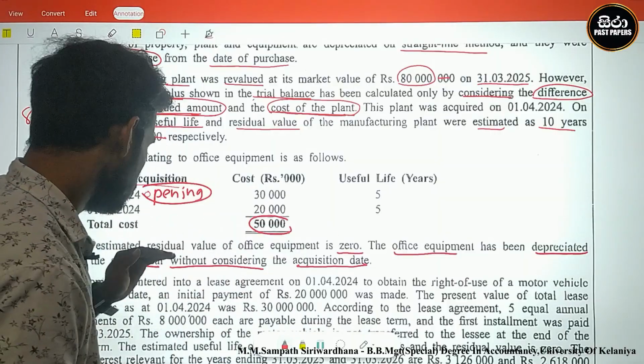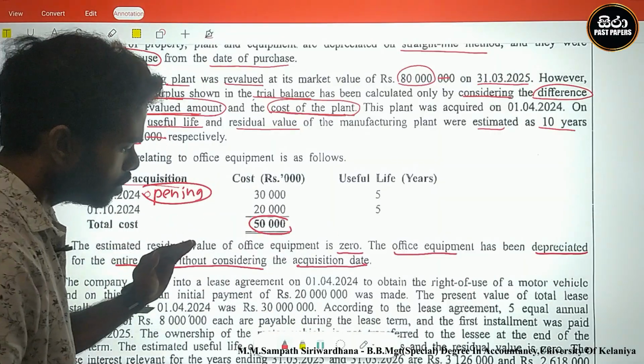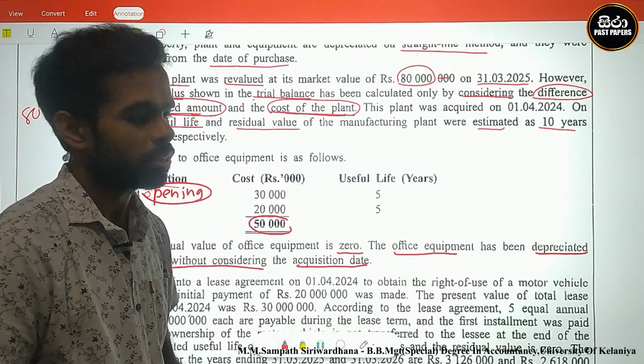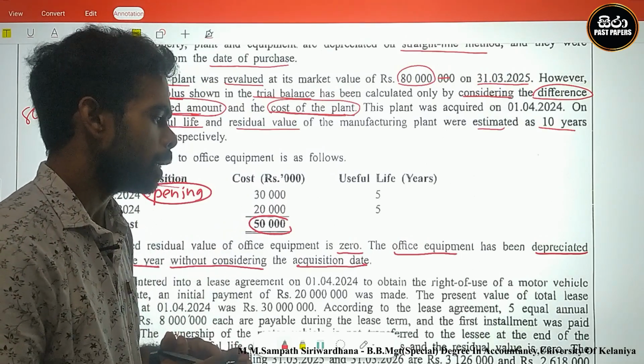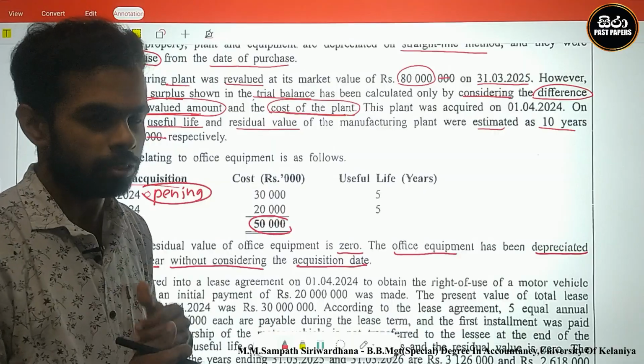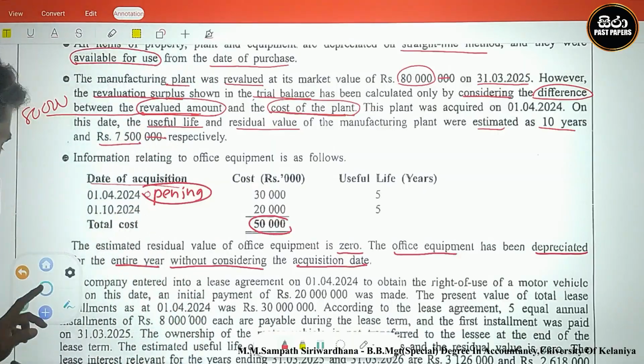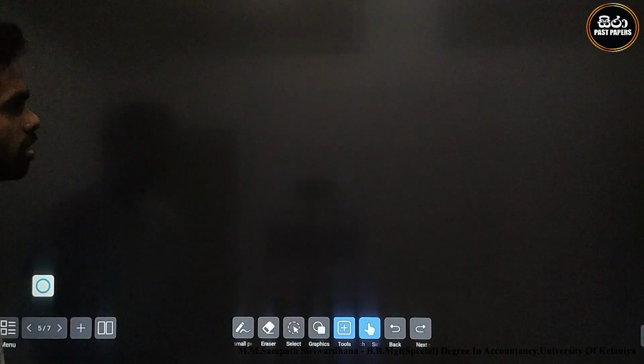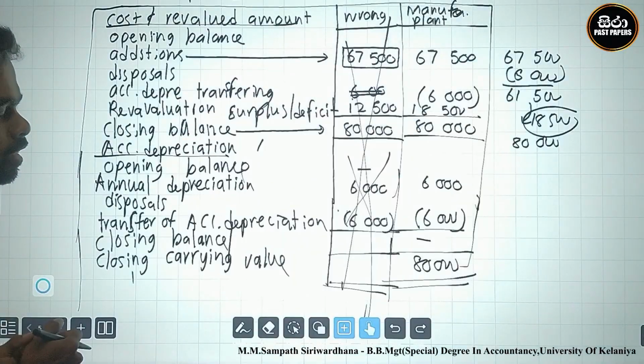At that time there was no consideration of the acquisition date. Therefore we must identify the property, plant and equipment note.